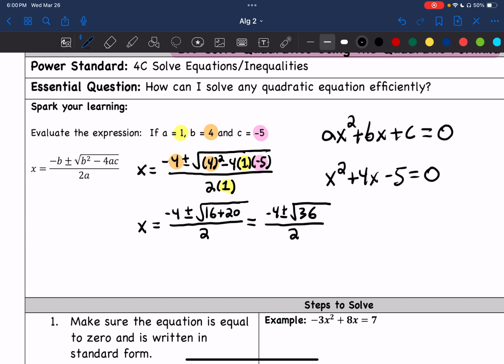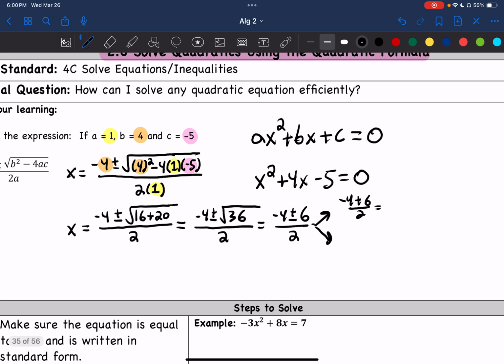Remember, now we are just simplifying our answer. And so the square root of 36 is a perfect square. So that would be equal to -4 plus or minus 6 over 2, which means that we would have -4 plus 6 over 2, which would be equal to 2 over 2, which is equal to 1.